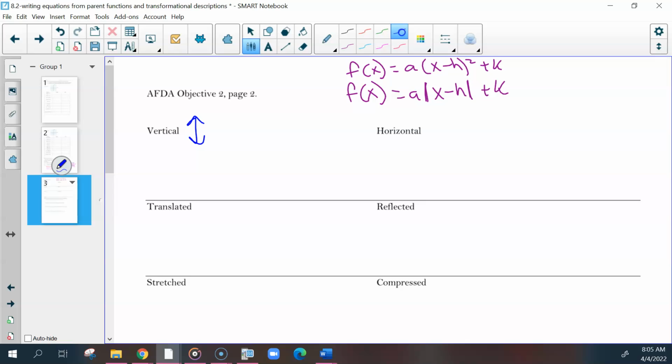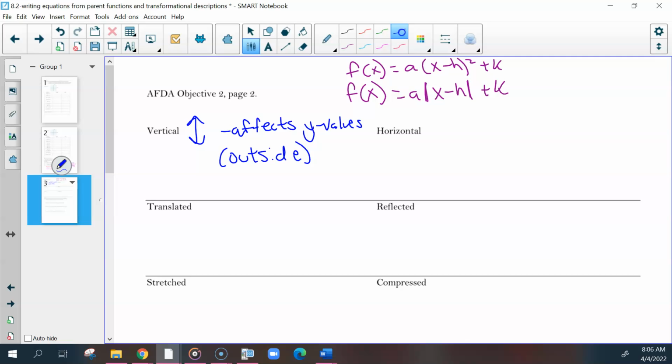Your vertical affects your y values. And usually vertical things are things on the outside. So like your k value would be a vertical thing. The a value would be a vertical thing. So when we think vertical, we're thinking outside.